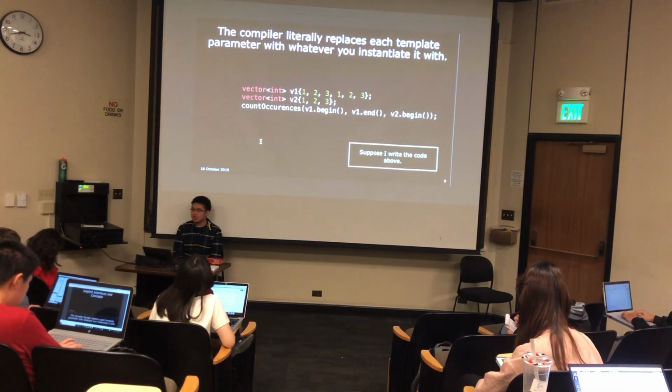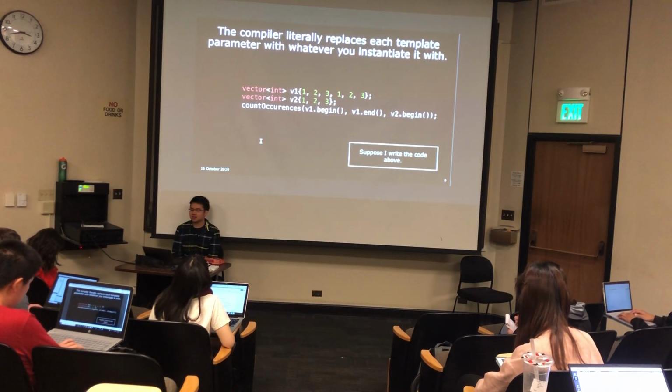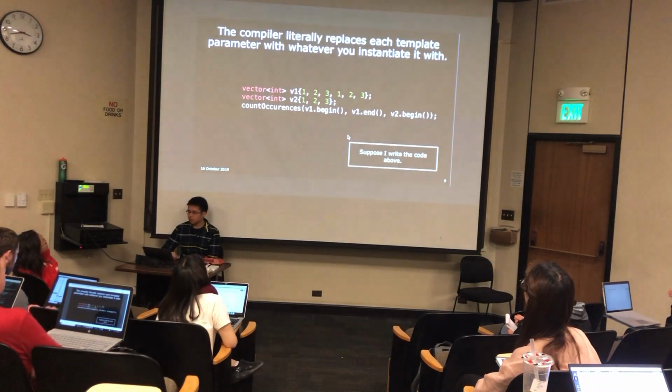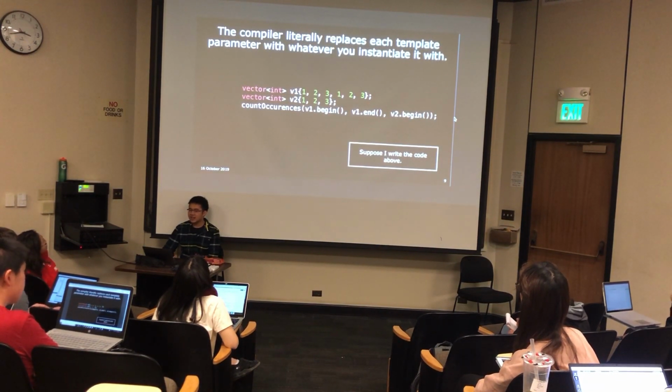Suppose we try to call this function, using what we did before. We have a v1, we have a v2, and then we call count occurrences on this. Now this doesn't make sense because we have a range and another range, but we're going to try calling it anyways.